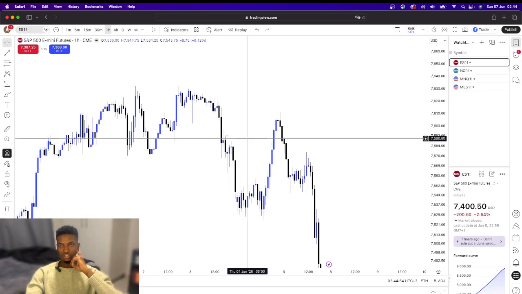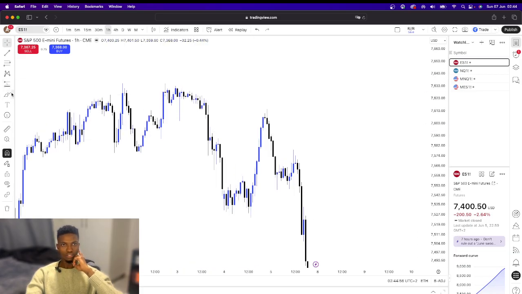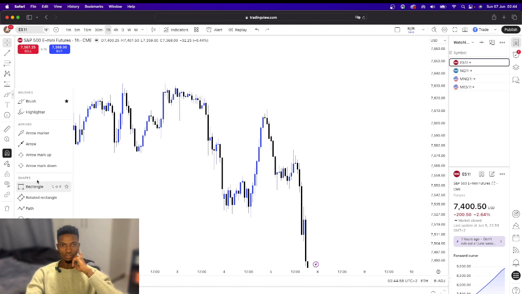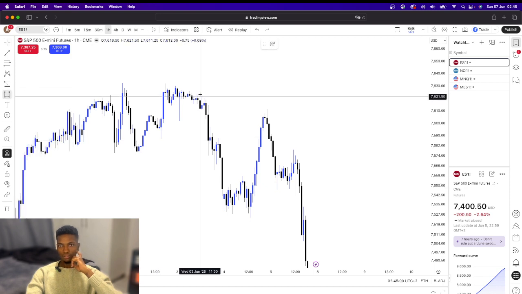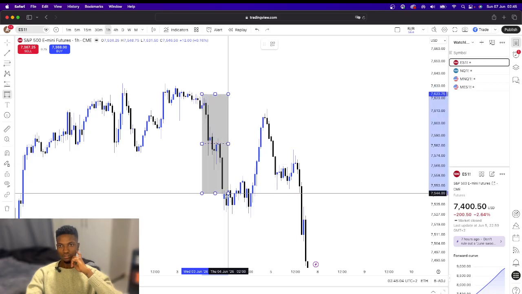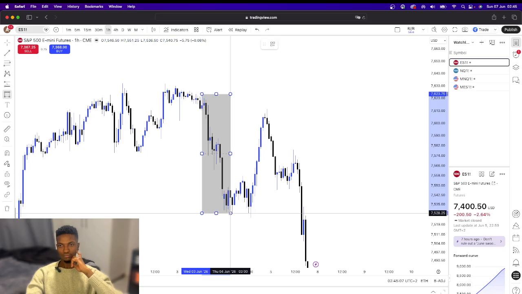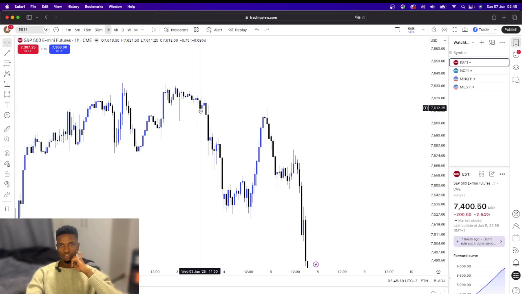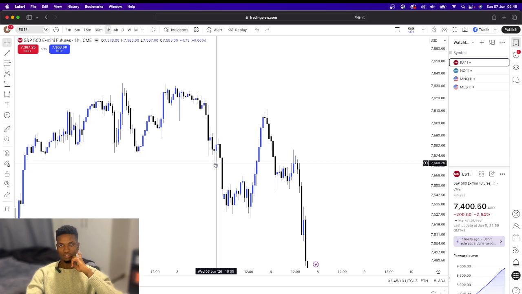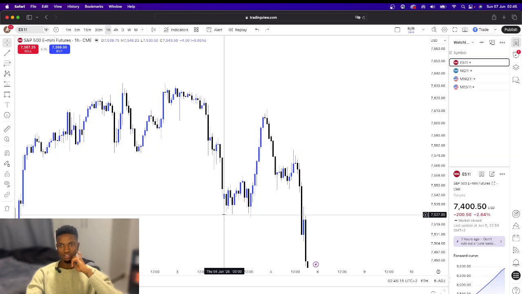For a downtrend, I'm going to use the rectangle to highlight, right? Let me move this from here to here. What do we have? We have a move down and a move up, a move down, a move up, a move down, a move up, a move down, a move up, so on and so forth, right?